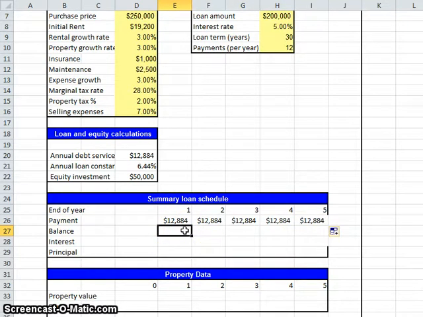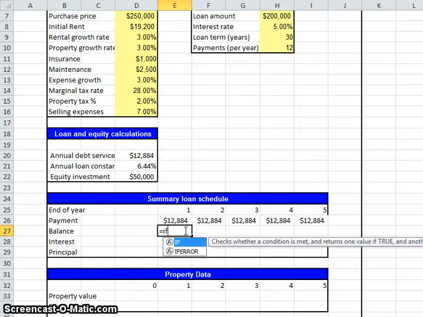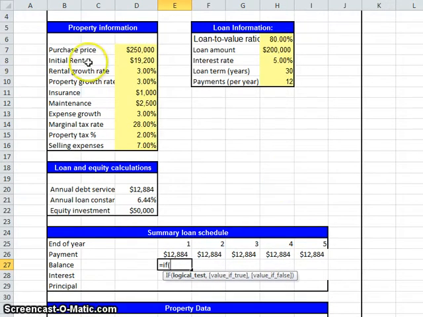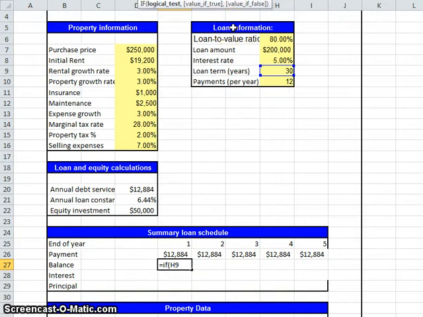All right, our balance. Doing an if statement. I'm not too familiar with them, but I kind of know what's going on. So we're going to do age. So we're 30 years. It's greater than.